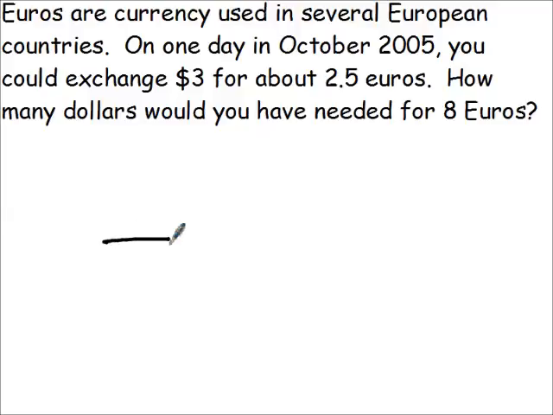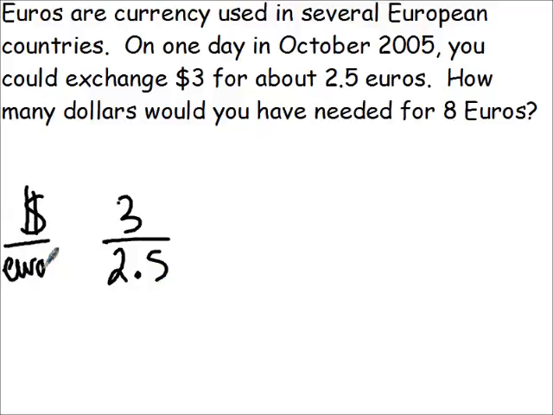The given ratio is that you could exchange $3, so I've got 3, and this is in dollars, for 2.5 euros. So I'm going to set up an equivalent ratio, keeping dollars on top and euros on bottom.